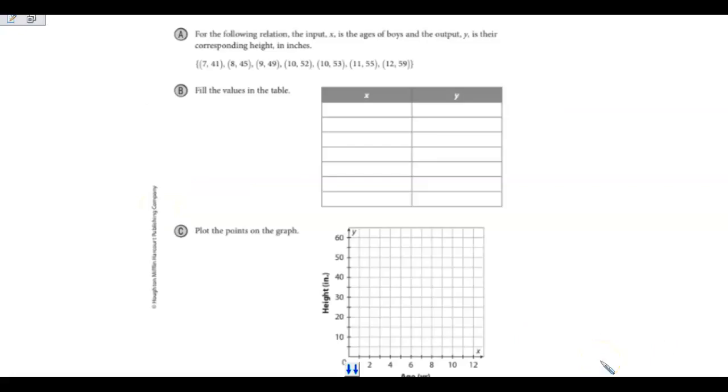For the following relation, the input x is the age of boys and the output y is their corresponding height in inches. And we're going to fill these values into the table. We'd like to put them in numerical order, so if they're not in numerical order, you can always rearrange them. So my x value is 7 and my y value is 41. And I'm just going to finish filling in this table.